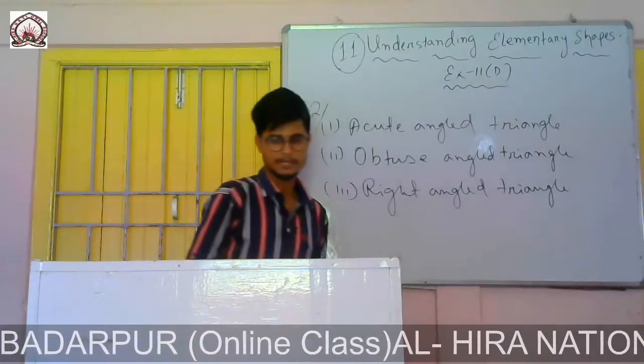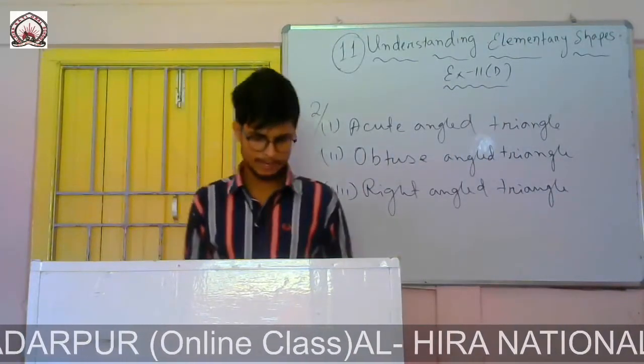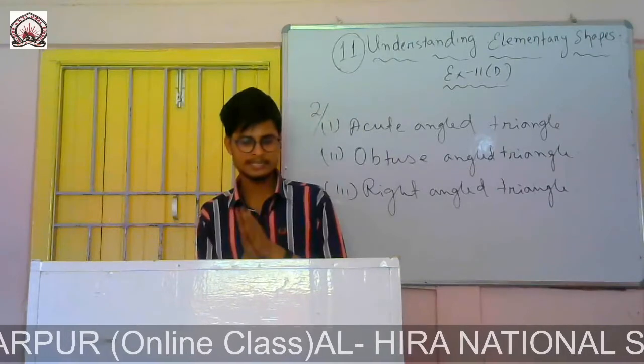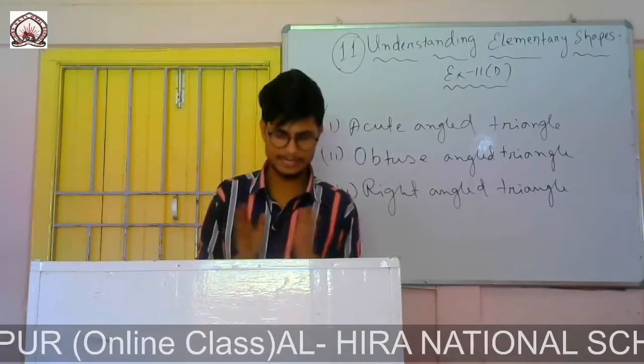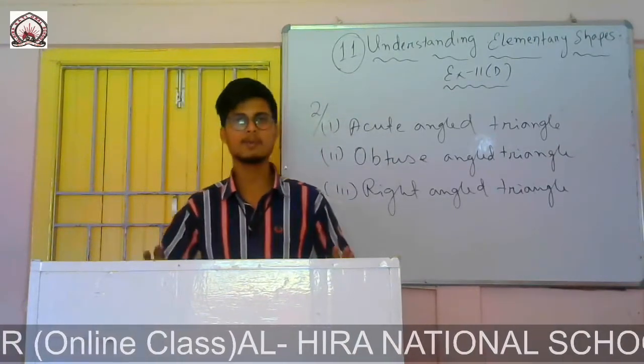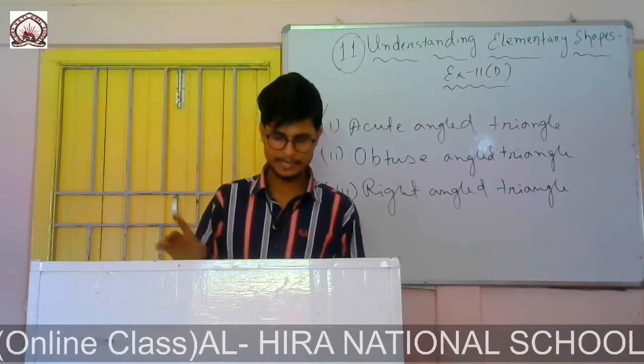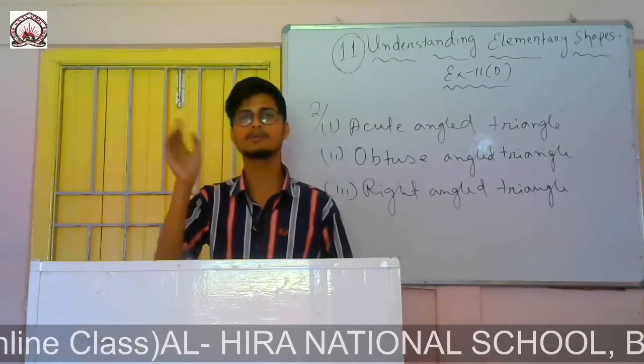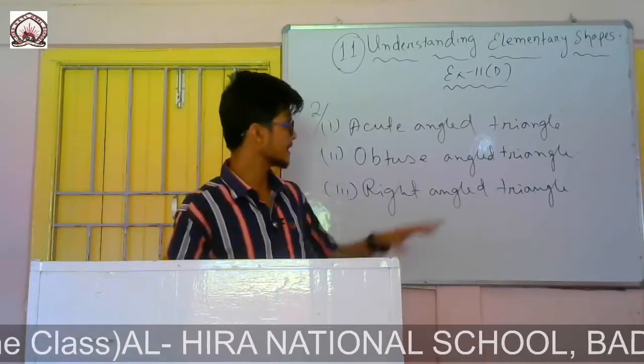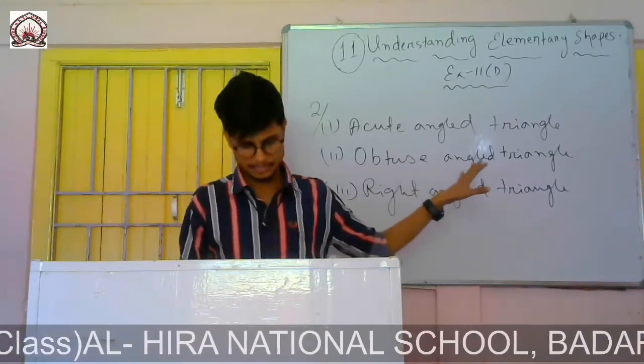Roman number 4: one angle is given 20 degrees, another 30 degrees, and the third angle is 130 degrees, which is more than 90 degrees, so it is an obtuse angle triangle.